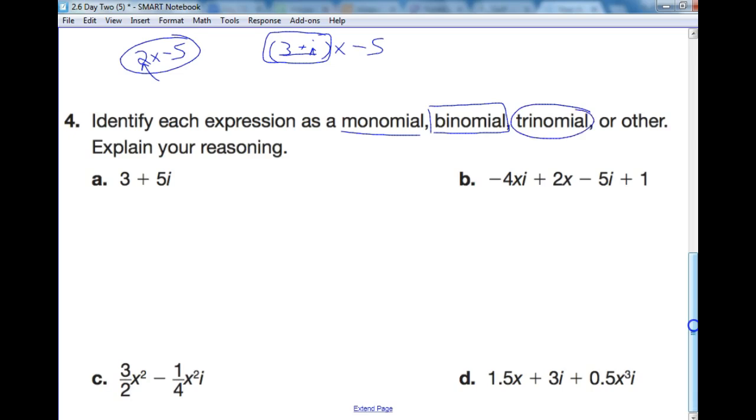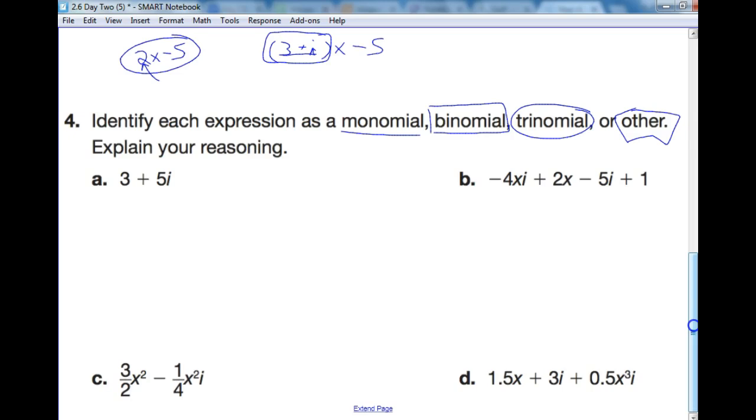And if it's not one of those, we're going to call it other. Look at A. What is A? Mono, bino, or trino?